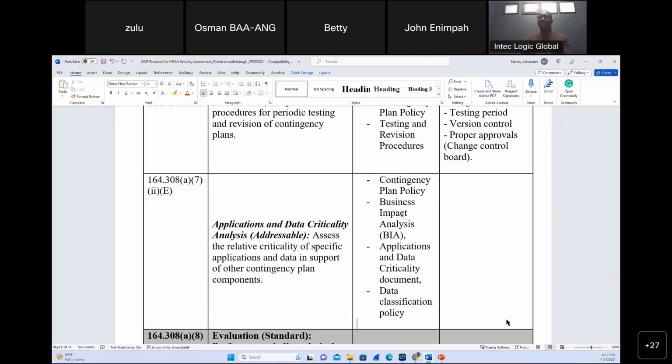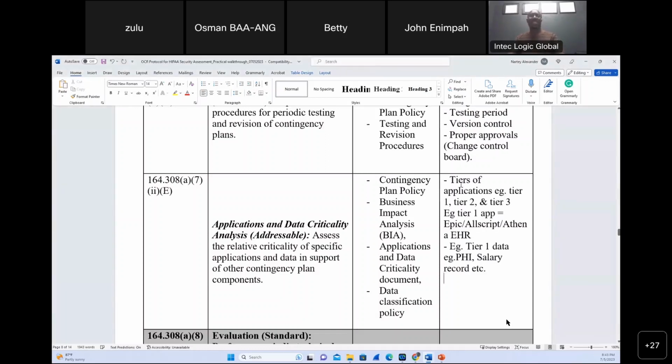So there needs to be a document. Most of the time you can find it within the business impact analysis or data classification policy. They put applications and data into tiers. So when you hear tier 1 application, tier 2 data, or tier 3, that is what they are trying to say.